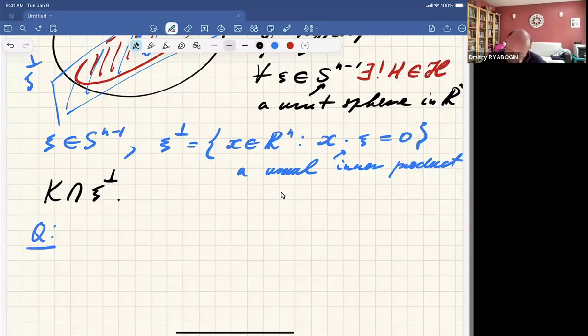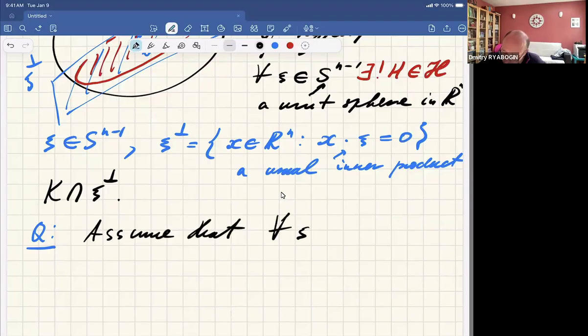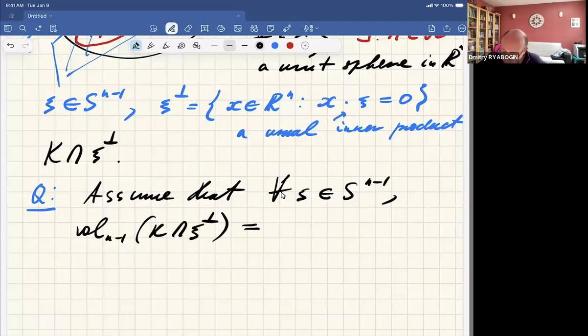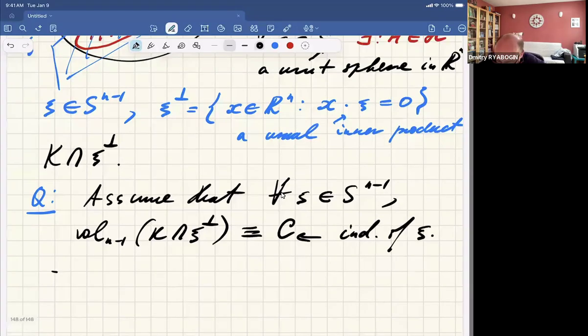Assume that for any psi in S^(n-1), the volume of the section of K by the hyperplane passing through the origin, the area if we are in 3 dimensions, is constant, where the constant is independent of psi. Assume this is our condition, and the question is: does it follow that K is the Euclidean ball?